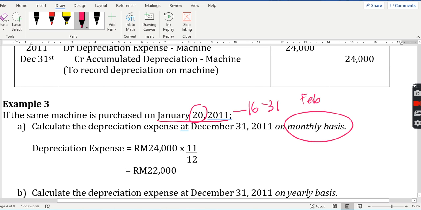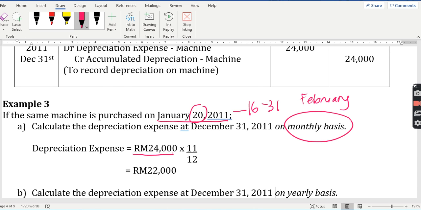When you're closing the account, the depreciation expense for 1 year, as we calculated earlier, is 24,000, but that won't be recorded in your journal entry because you are using monthly basis.